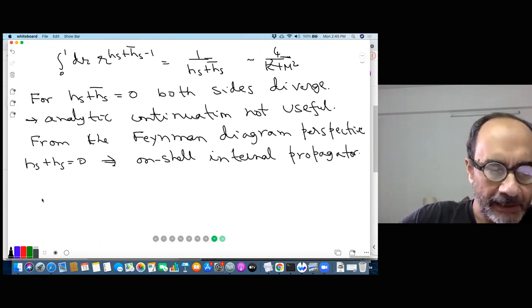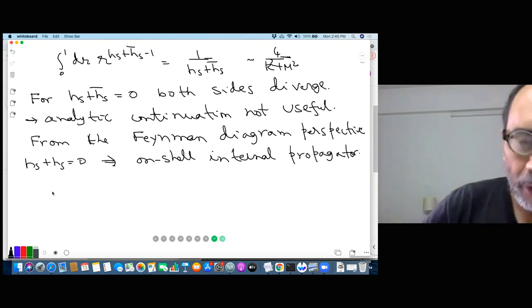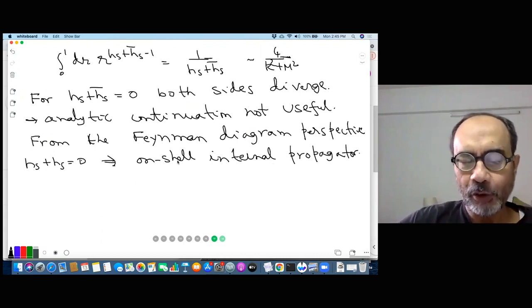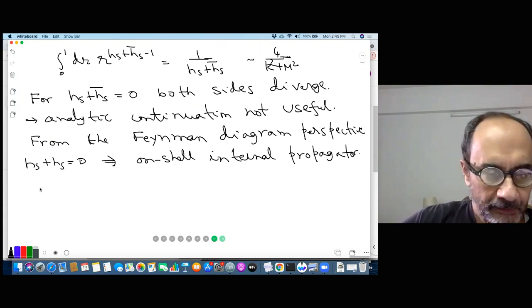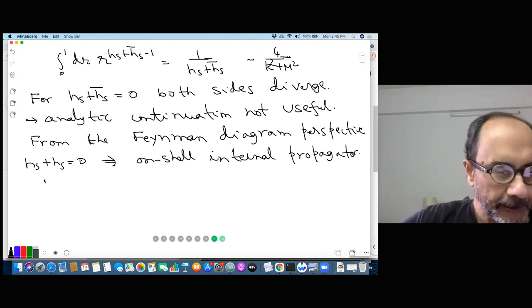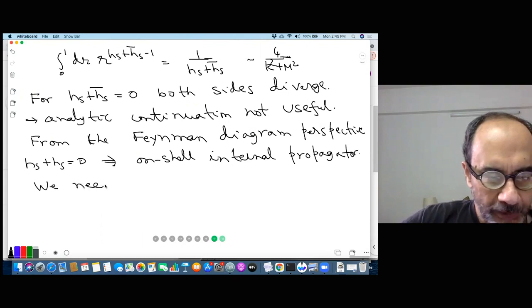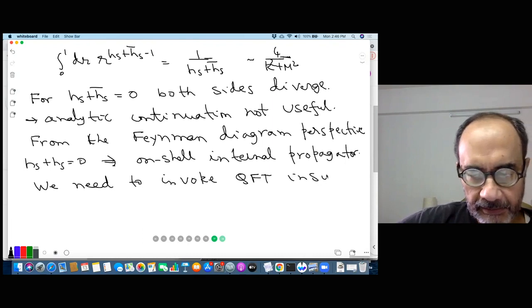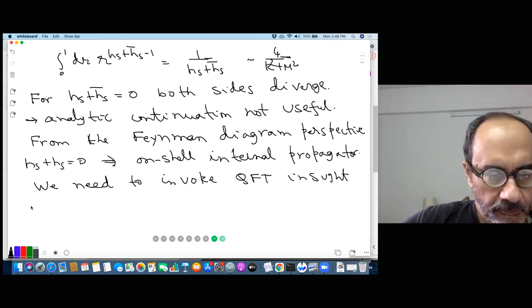So this is divergent, but in QFT, of course, we know how to deal with on-shell internal propagators. In fact, in QFT, if you do things correctly, you will never encounter an on-shell internal propagator. So what we need to do is invoke QFT insight to deal with this.